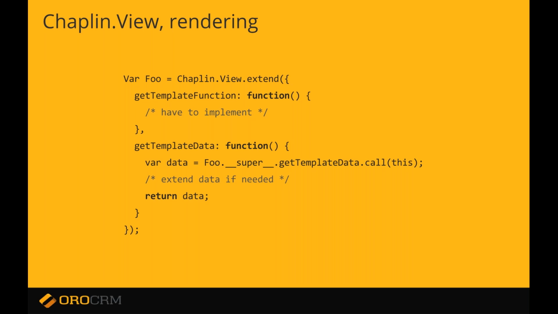And get template data is also defined in Chaplin, and it returns data from the model. So data is an object fetched from the model, and in most cases we don't need to redefine it. But if we have to, we can do it and extend the base data with specific properties. Okay, that's how rendering of Chaplin.View works.